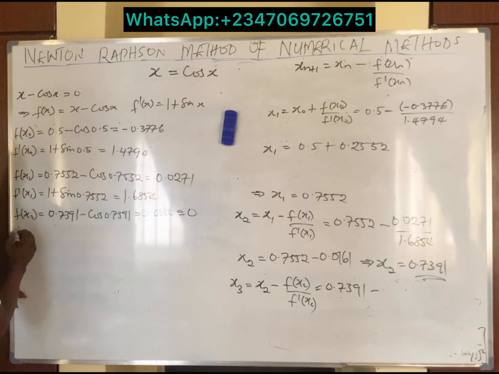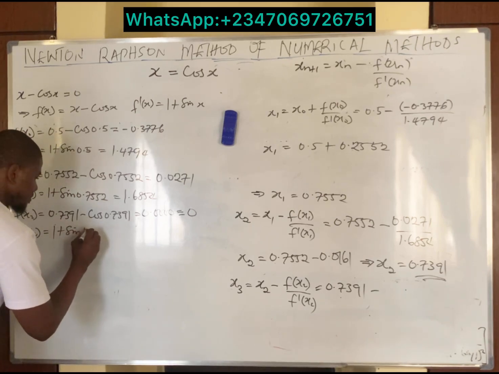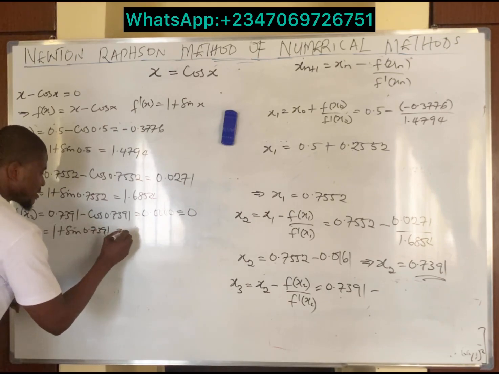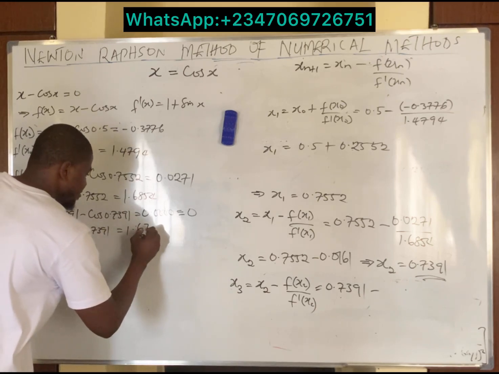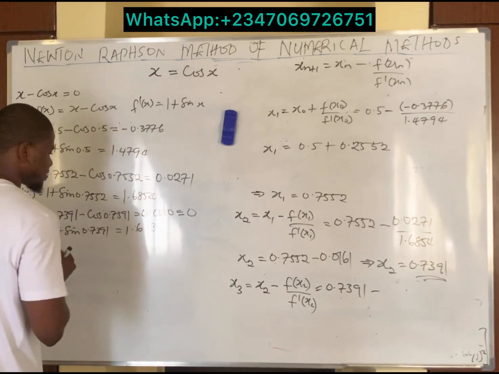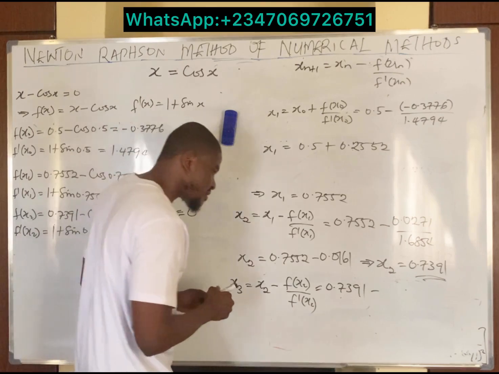So let's find f prime of x2, which is going to be equal to 1 plus sine 0.7391. This simply gives us approximately 1.6736. All right, so having found this, you simply substitute that here.